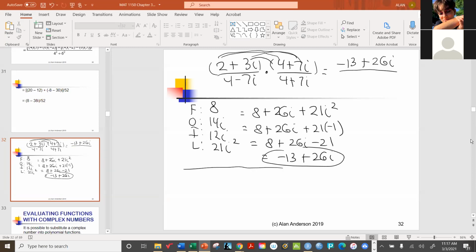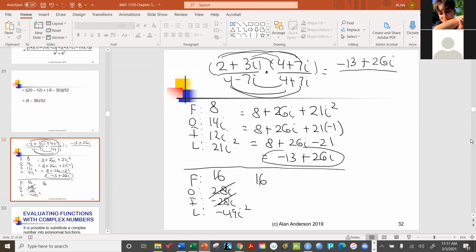And if we apply FOIL to the denominator, you get first, outer, inner. Last would be, in this case, minus 49 i squared.